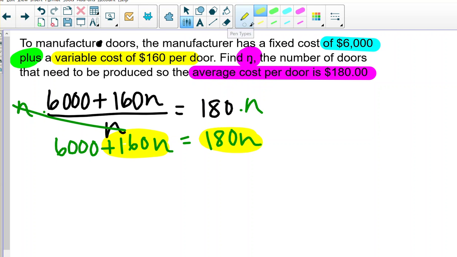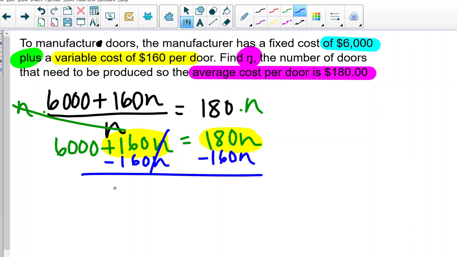So I'm going to move them to the right side of the equation, since that is my only term on the right side. That cancels out on the left. So I have 6,000 is equal to 20N.